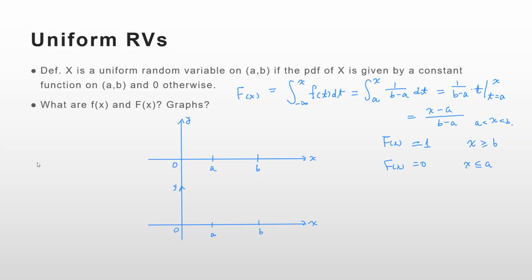Then the PDF, 1 over (b minus a), would be a horizontal line segment, and 0 otherwise. You don't really need to draw it like this, but if you want, that's okay. It will be 0 otherwise.